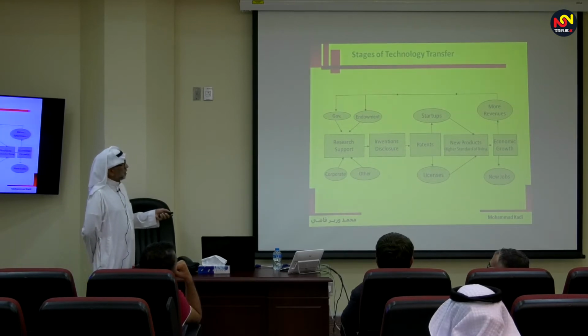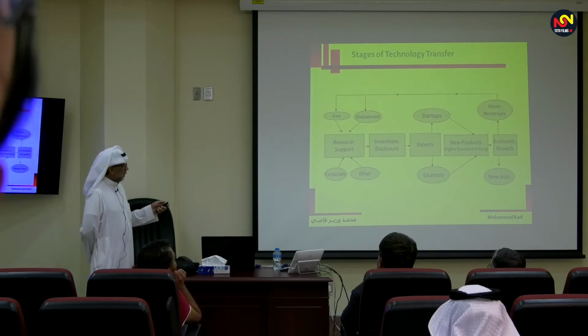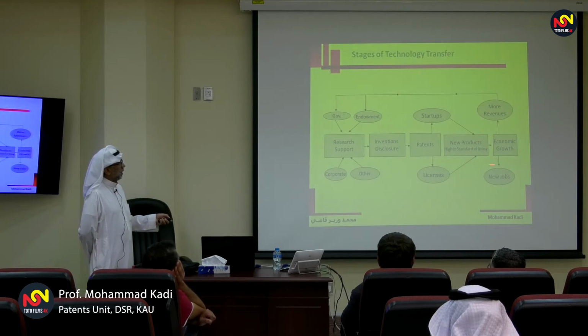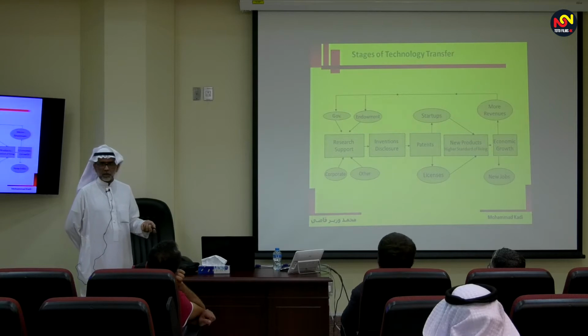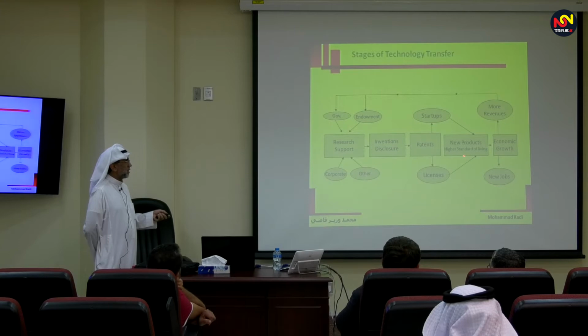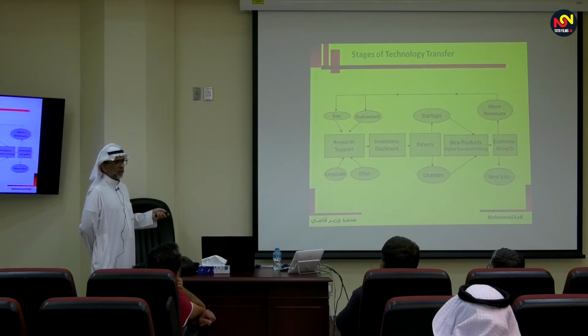Not all stages are well developed in the university now. We are taking very first steps in the university. So we are establishing offices to take care of producing products, commercializing those, and starting the economic cycle of the products.